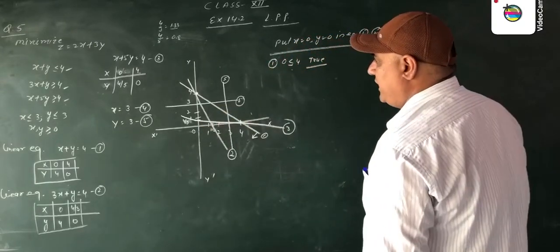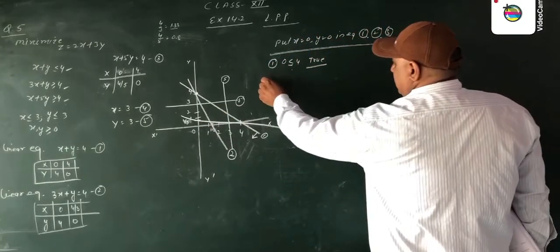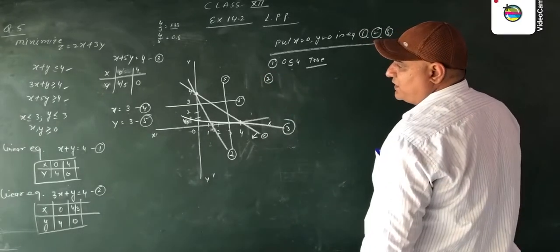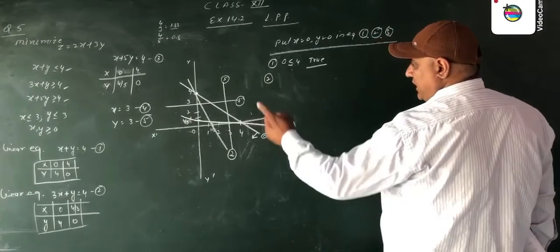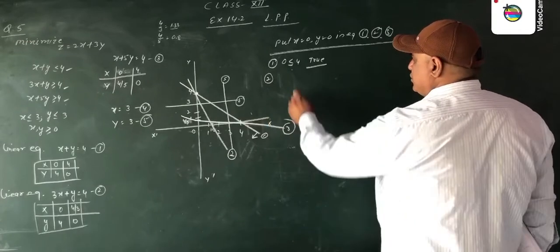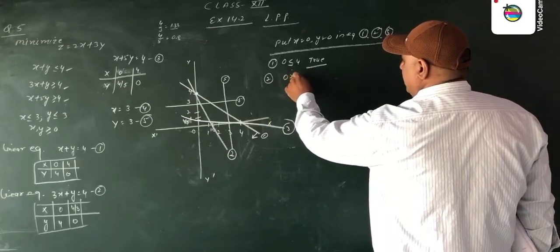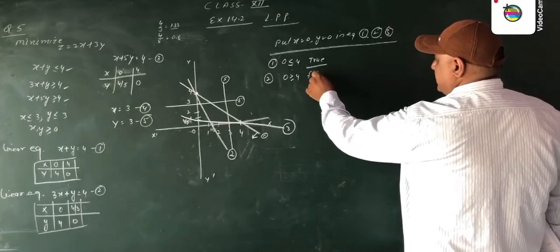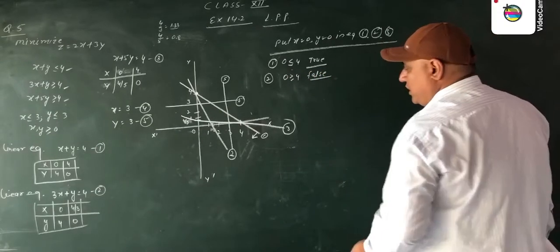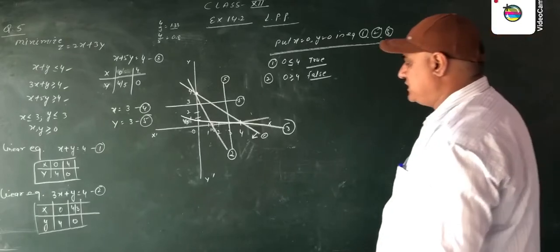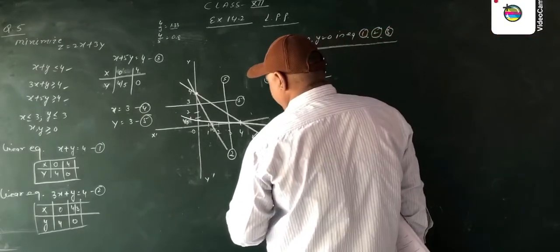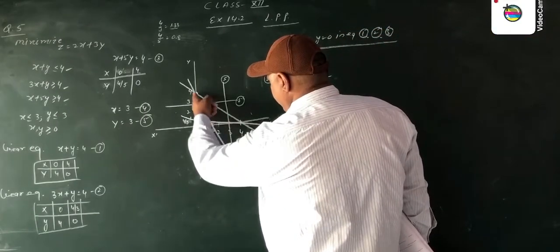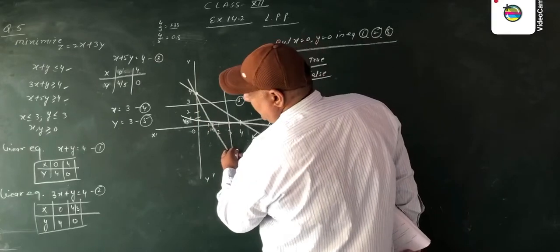Now the second equation says 3x plus y is greater than or equal to 4. We put x equal to 0, y equal to 0: 0 is greater than or equal to 4. But it is a false statement. Since it is false, we go to the side opposite to the origin. Now this is your equation number second.